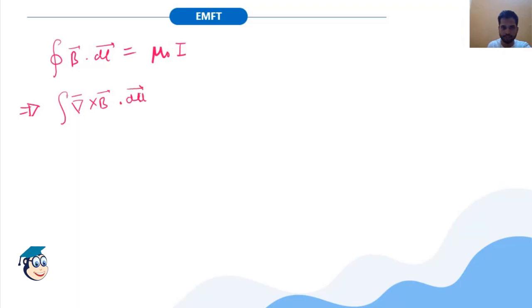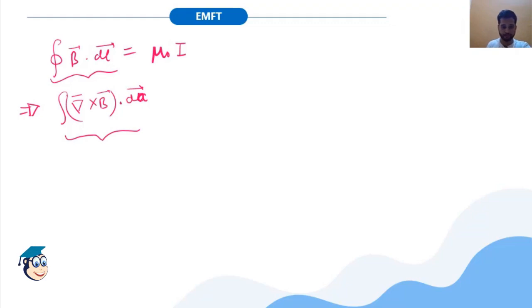You can easily tell me that I have used the curl theorem here. We know a closed line integral of a vector is equal to the surface integral of del cross A dot dA, where dA is the small area vector.